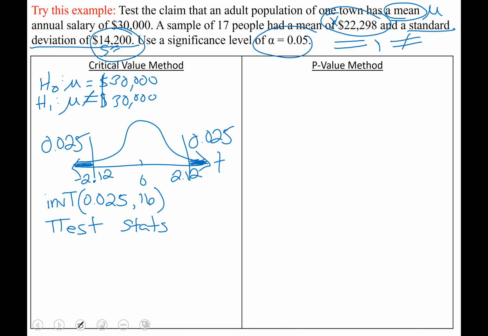Next thing it wants from us is mu sub naught, which is 30,000. Next is x bar, which is 22,298. Next is lowercase s, or the sample standard deviation, which is 14,200.